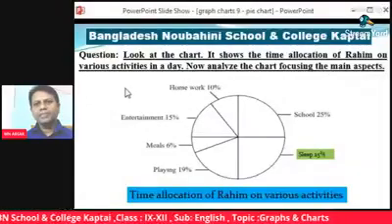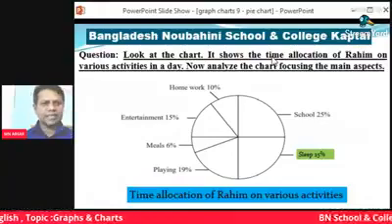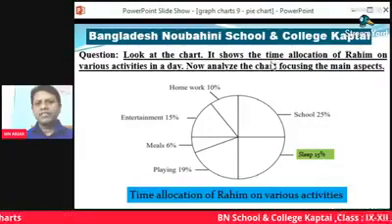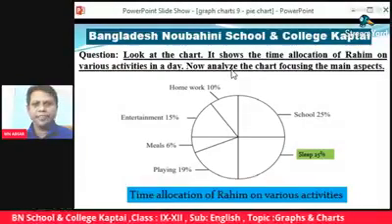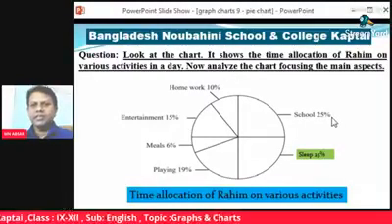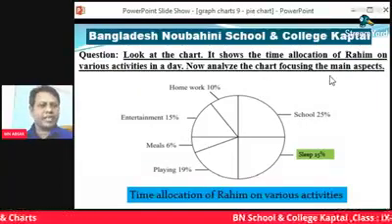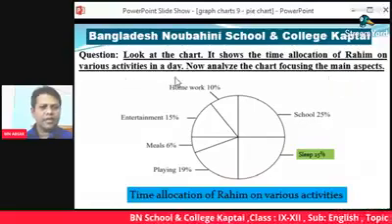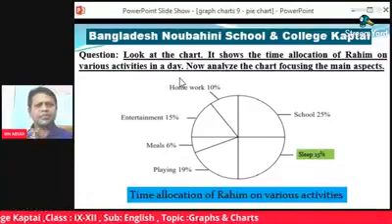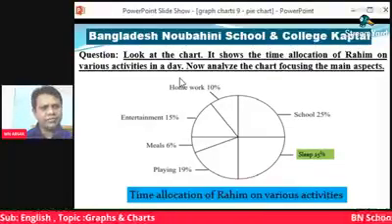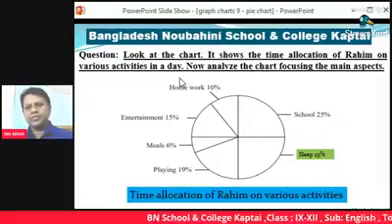You can write this sentence as a title. Write as a title from the question. So what will you write here? The time allocation of Rahim on various activities in a day. If you want to write time allocation of Rahim on various activities, that would be also correct. So see the answers.